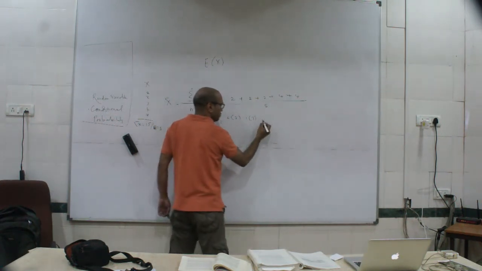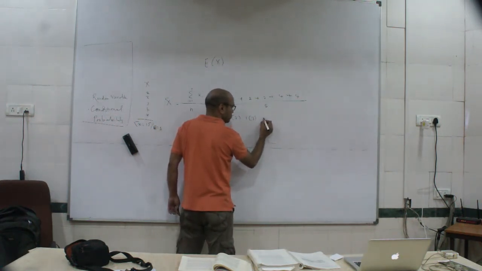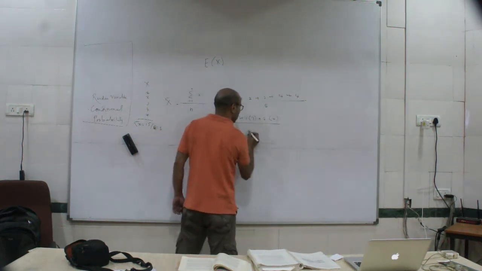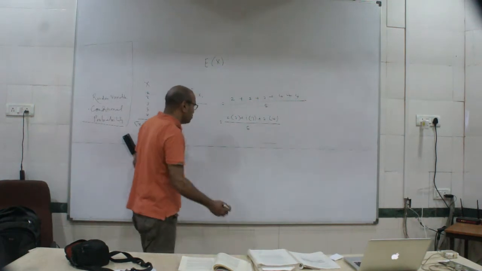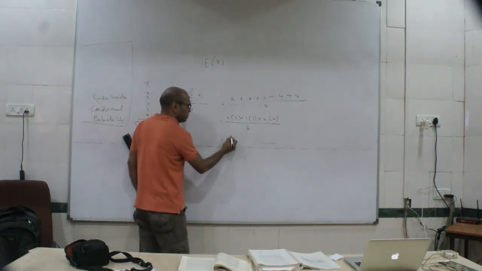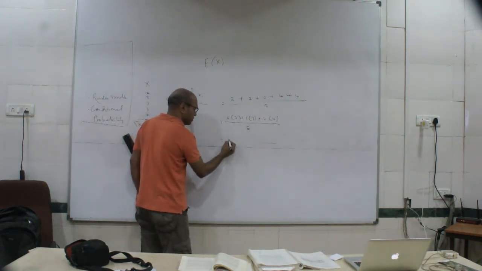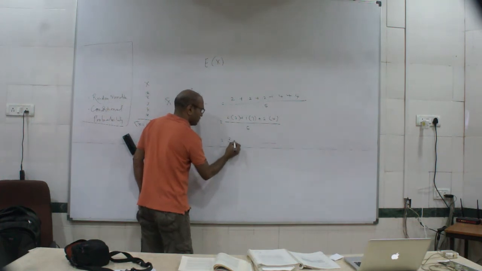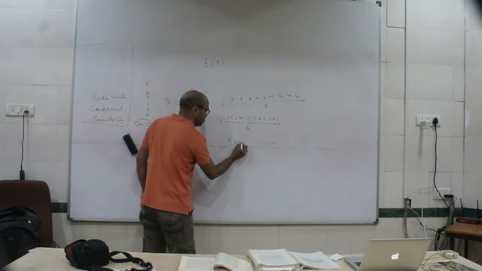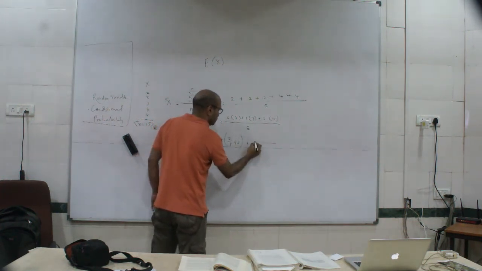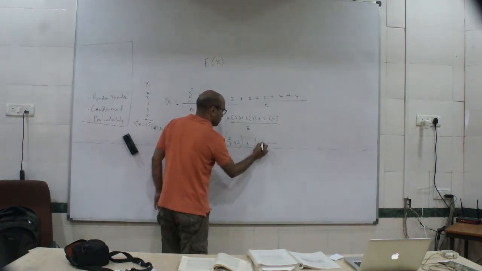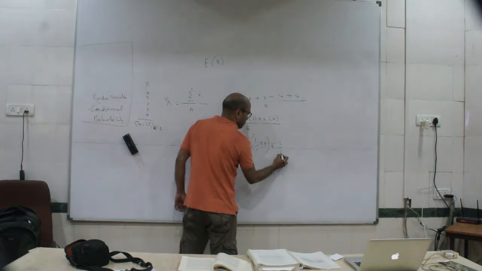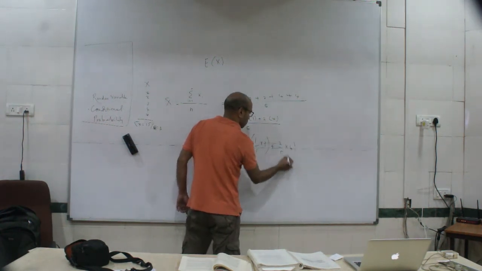And 4 has occurred twice, so 2 into 4, divided by 5. Which also means that I can write it as 2 by 5 into 2, plus 1 by 5 into 3, plus 2 by 5 into 4.